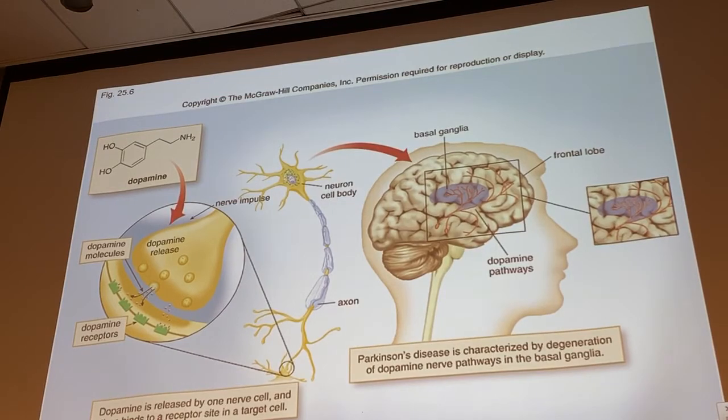So dopamine is a neurotransmitter, and the pathways that dopamine is involved in signaling for regulate our movement as well as our emotions. So if we get Parkinson's disease, that's the degeneration of some of these dopamine signaling pathways. That affects our ability to control movement. You get Parkinson's disease and you start to have tremors.